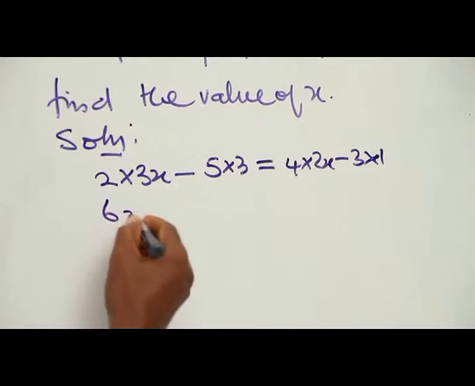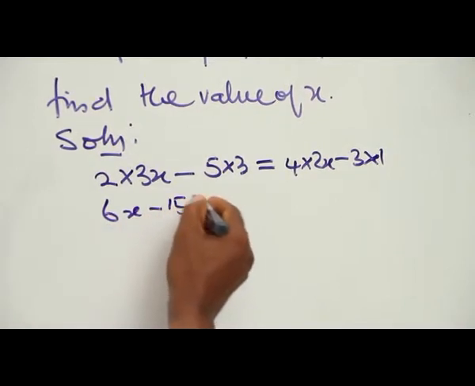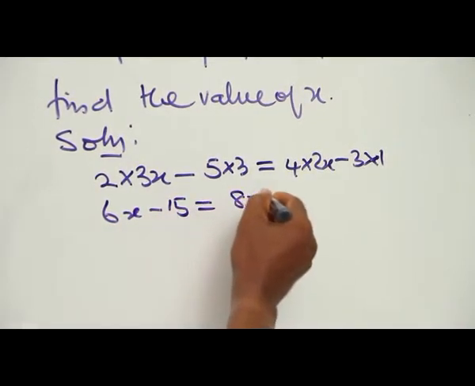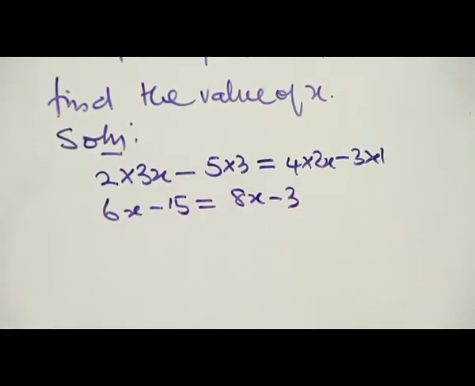This simplifies to 6s minus 15 equal to 8s minus 3.